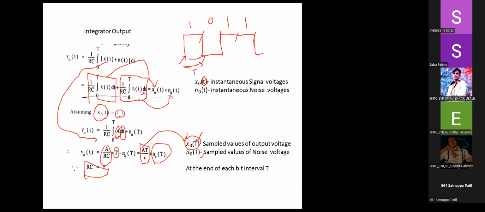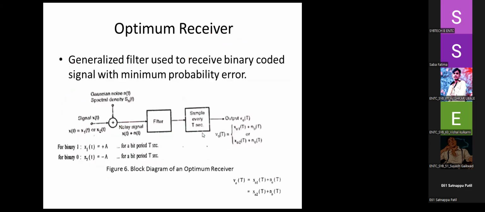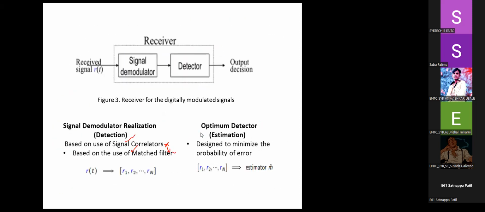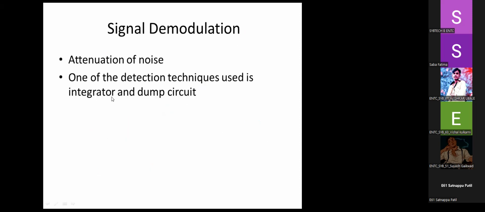Okay. So this is your integrate and dump filter. Fine. Now you're going to study about the optimum receiver. So here I'm saying signal correlators, right? Signal correlators basically consist of your integrator and the dump circuit only.